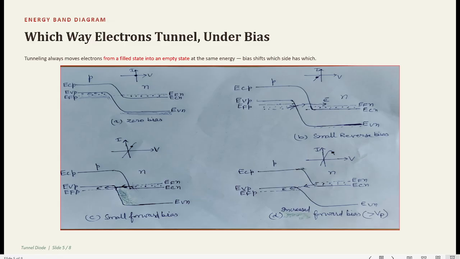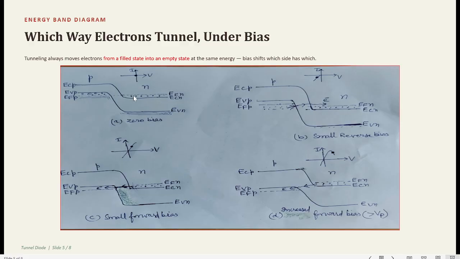In the case of degenerate semiconductors, the Fermi level lies within the conduction band or within the valence band. So this dotted line is throughout at the same level, and this is for the degenerate P type and this is for the degenerate N type. Up to the Fermi level these states are filled with electrons, and here these states are filled with holes.